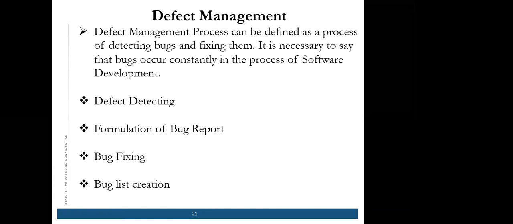And the next step of defect management is formulation of a bug report. Okay, so once you have found the bugs, you should inform about that bug by reporting it, right?